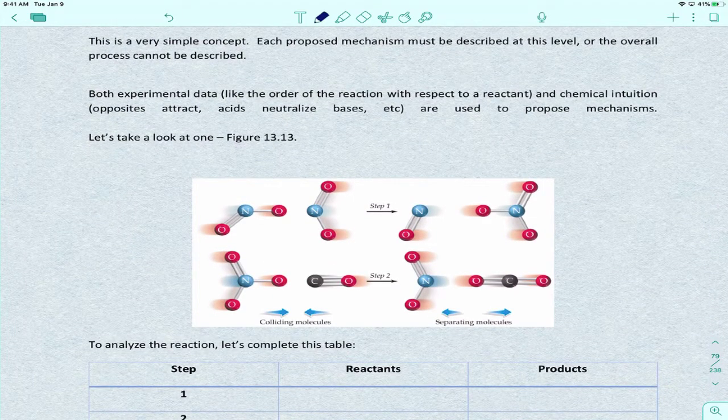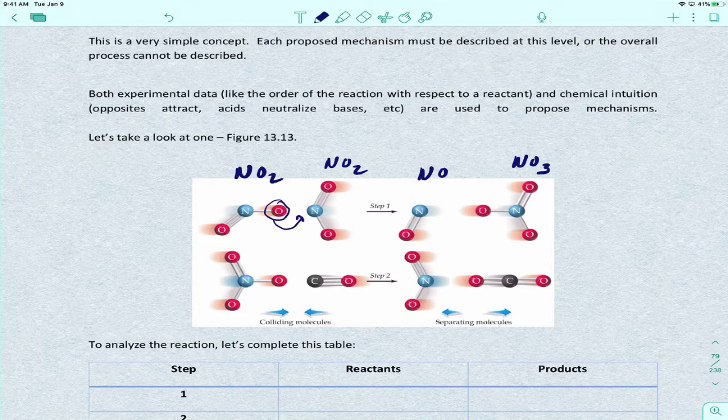I took this from another textbook. You've got a molecule of NO2 colliding with another molecule of NO2, and when this happens, you form a molecule of NO, and then you've got this molecule of NO3. It looks like this O, which I'm going to circle on the first NO2, is transferred to the second nitrogen.